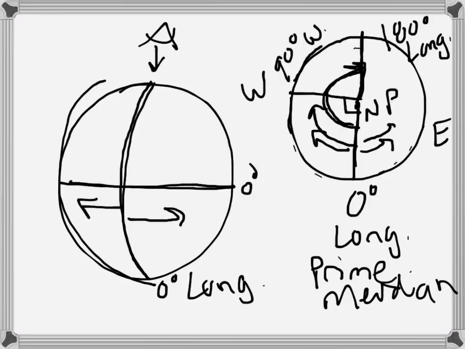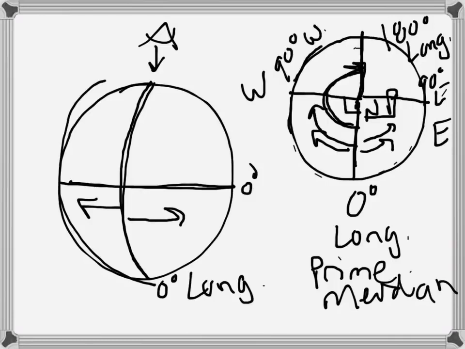If you went this way and made an angle of 90 degrees east of the prime meridian, you would be at 90 degrees east longitude. And so again, it works in the same way. The only difference is when we're dealing with latitude, our numbers are going between 0 and 90. When we're dealing with longitude, our numbers are going between 0 and 180.